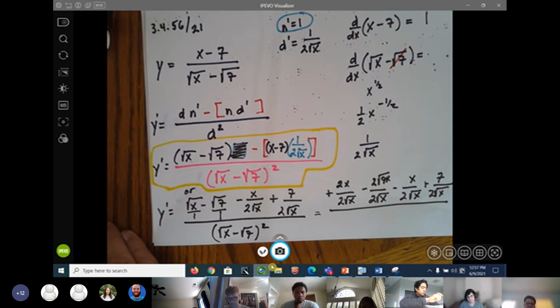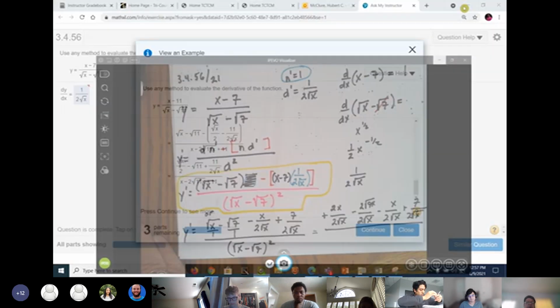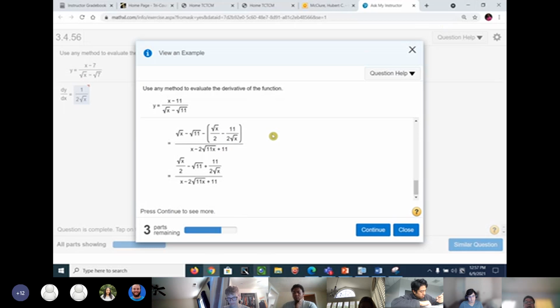Let me go. They're distributing right here. And see, I don't have the square root of x over 2. I don't have that. I have x. See, I'm confused on how they got that square root there.